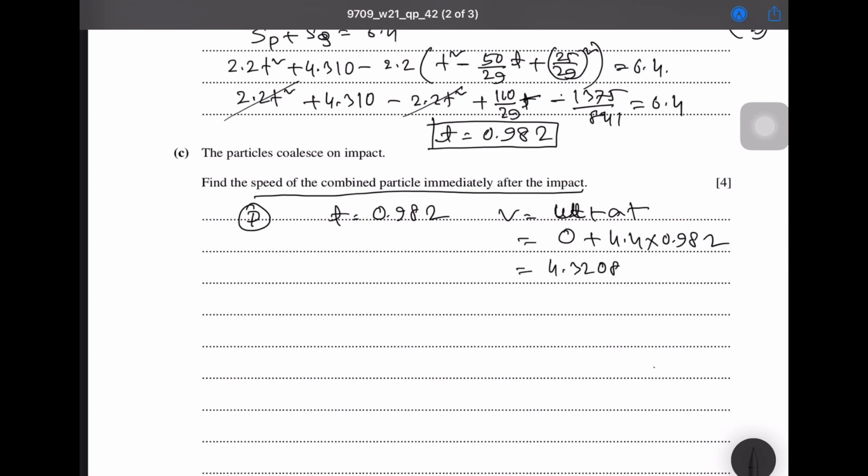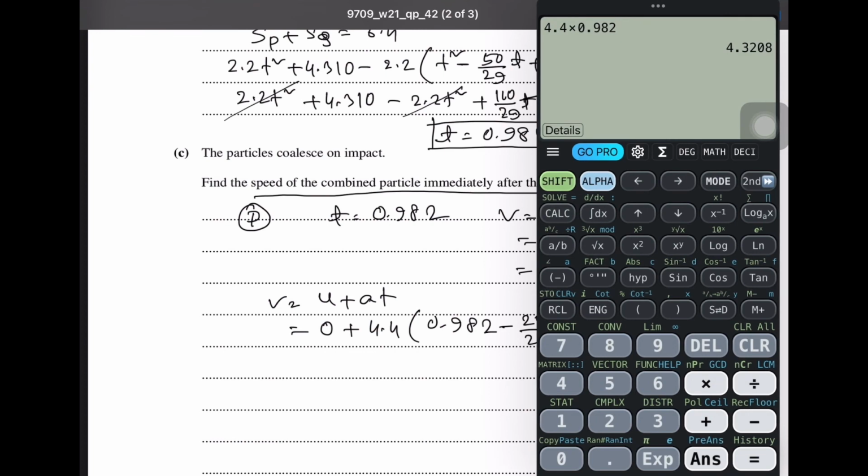Now since Q, after maximum travel, is going downward, v will be u plus at, same thing, 0 plus a, which is 4.4, but the time will be reduced, so 0.982 minus 25 by 29.